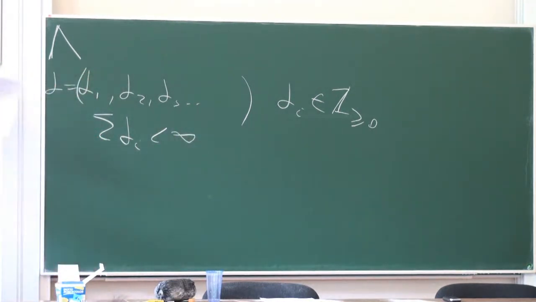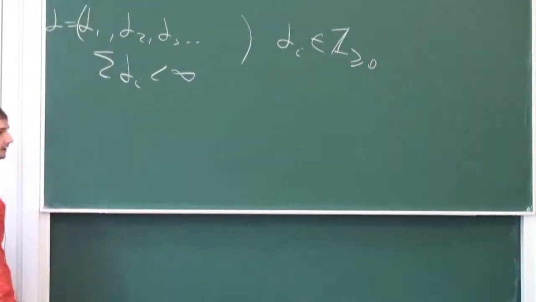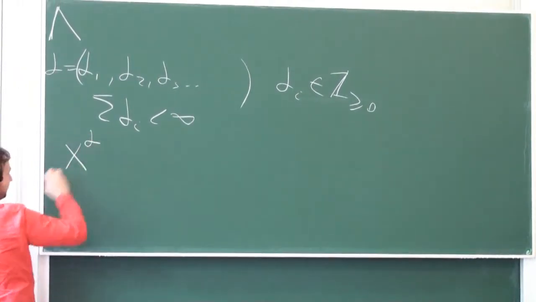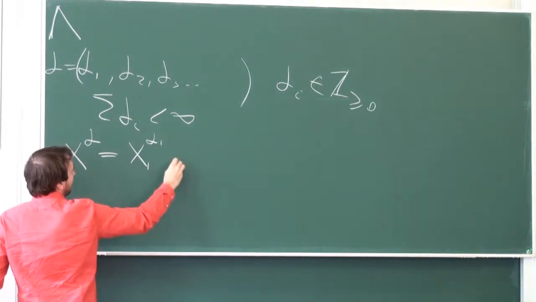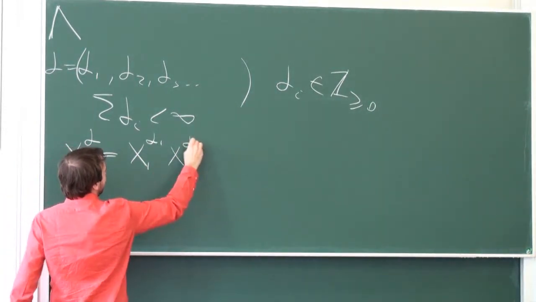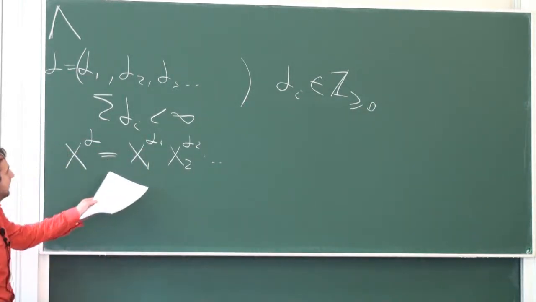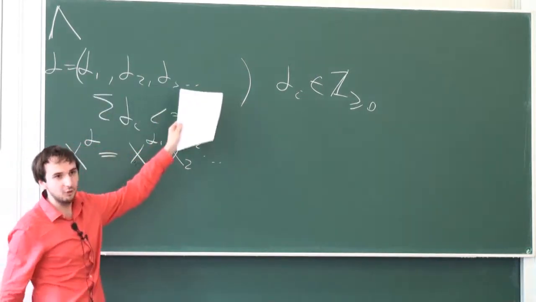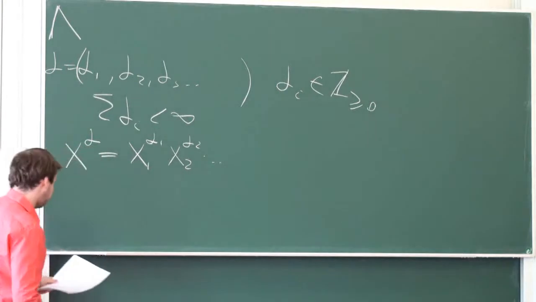We will call such alpha a multi-index, and given such alpha, we can always write a monomial x to the power alpha, which is simply x1 to the power alpha 1, x2 to the power alpha 2, and so on. Since the sum of the alphas is finite, the alphas become 0 from some point, and it means that this is actually a finite product.